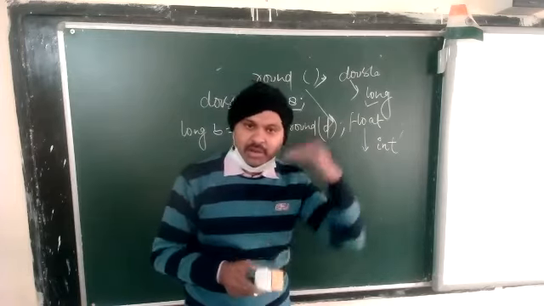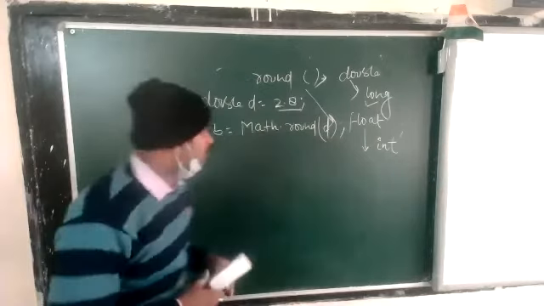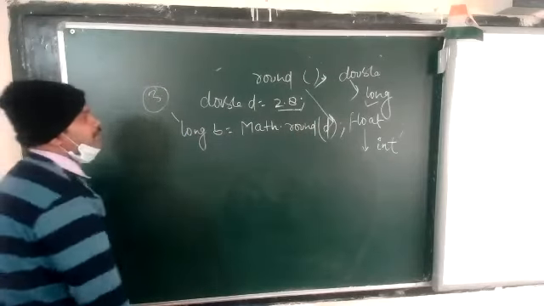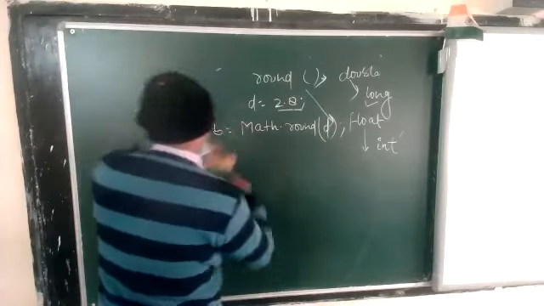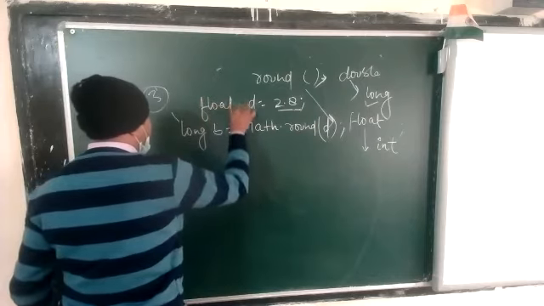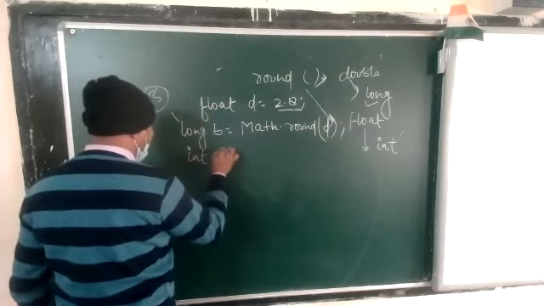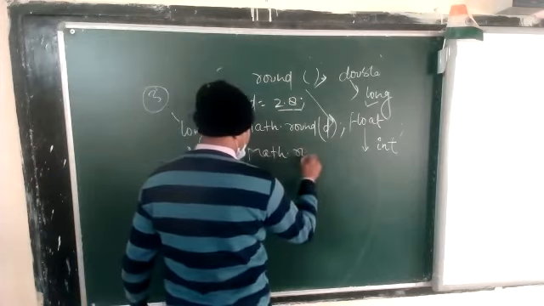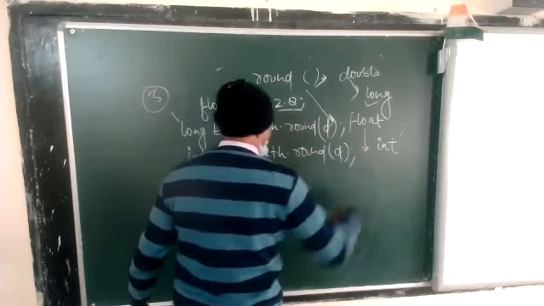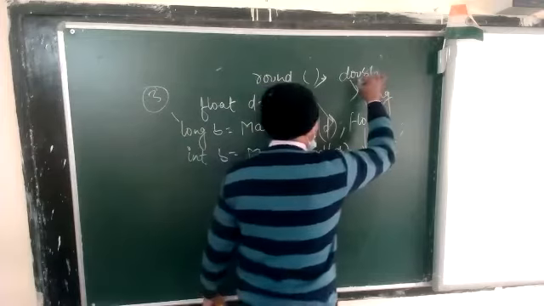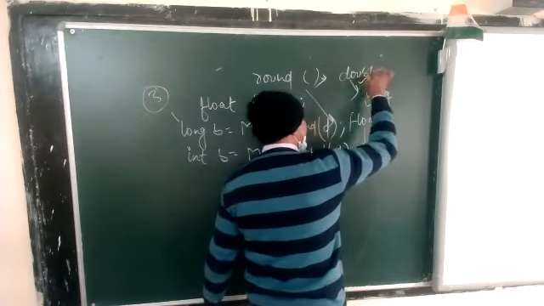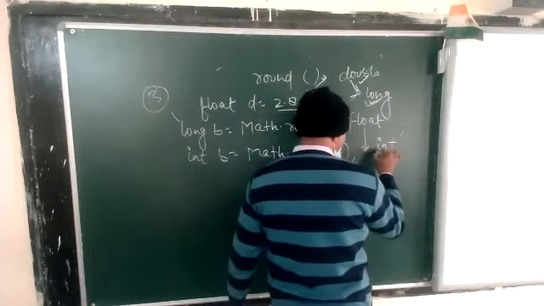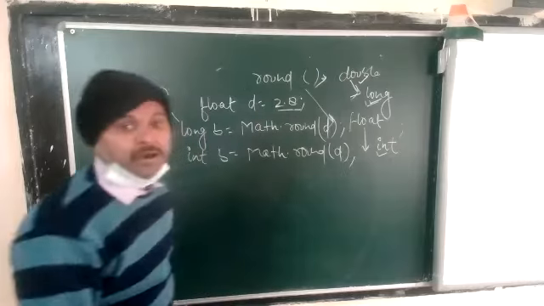Based on this, it will go up or down, so 2.8 will become 3. And if it is float, then it will be stored in the form of an integer, and it equals again Math.round(b). So keep in mind, when the value type is double, the return type will be long, and when the value type is float, the return type will be int in case of round.